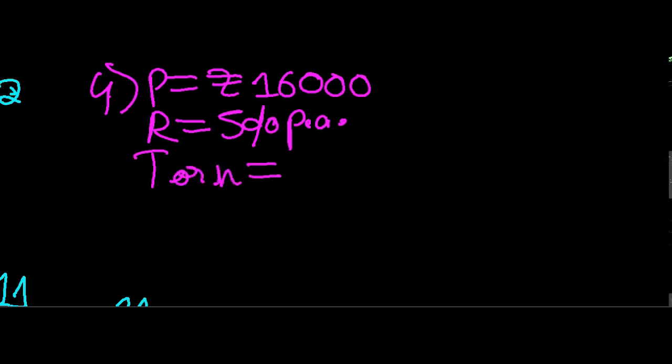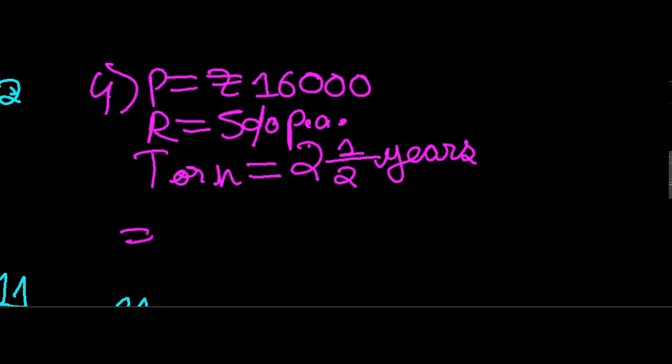Time, or small n, is equal to, friends, we are writing capital T because we have to find the half year using the simple interest formula. And we have to find out the compound interest or the amount for 2 years using the compound interest formula, which is A is equal to P in bracket 1 plus R by 100 to the power n. Okay, so T or n is equal to 2.5 years.